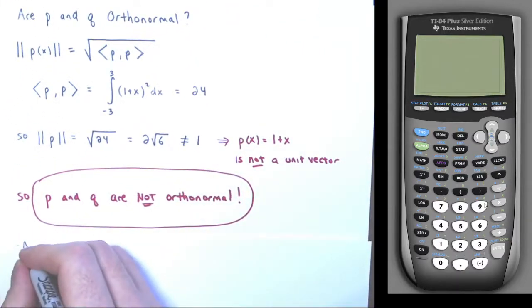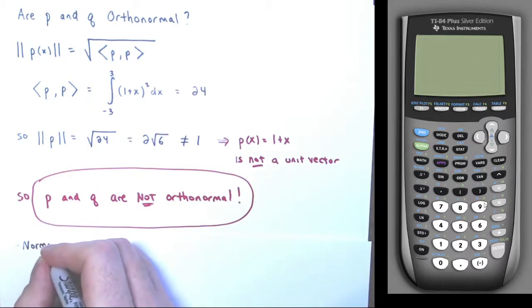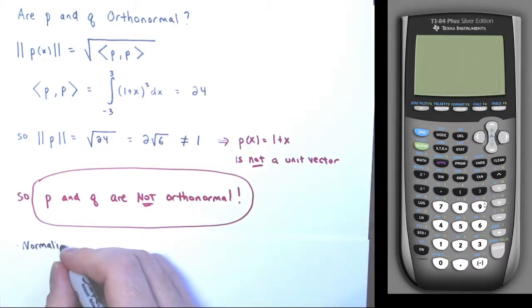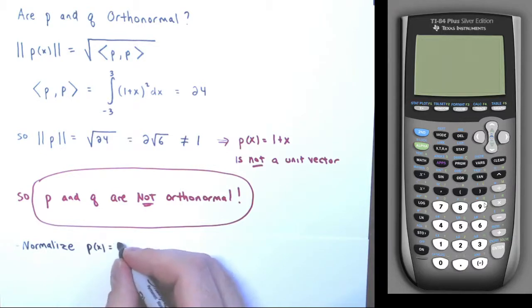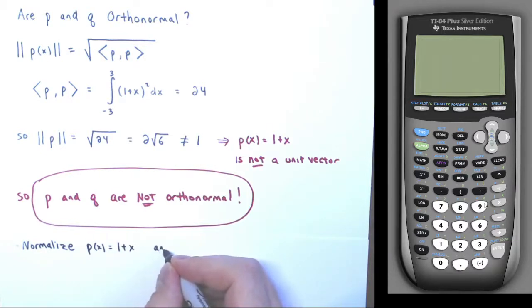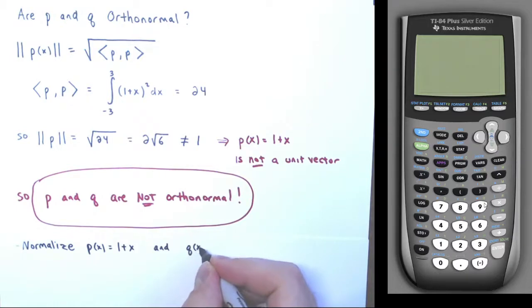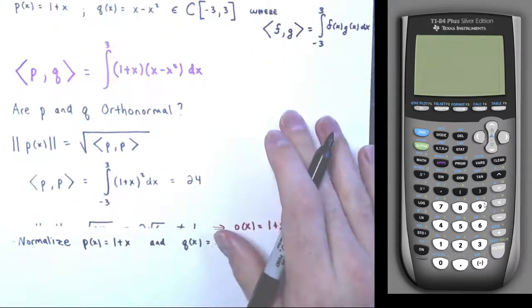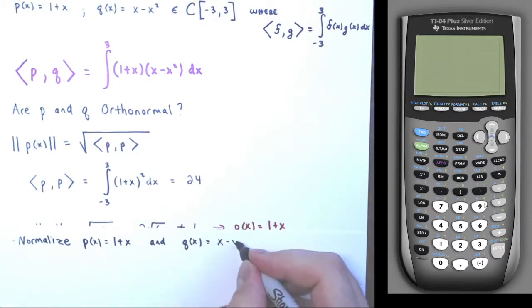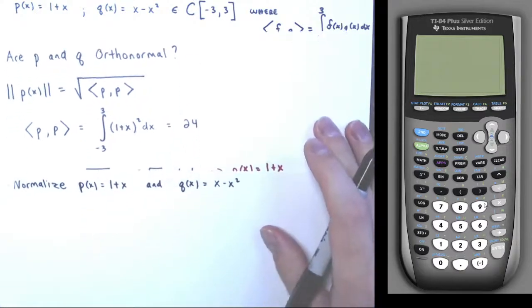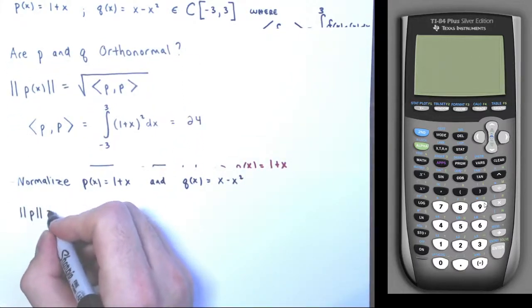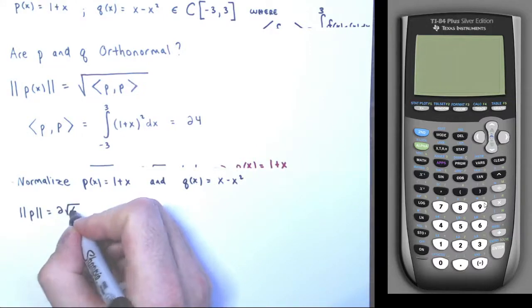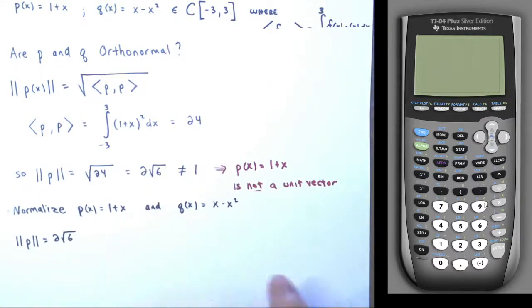So let's normalize. Let's normalize P of x equals 1 plus x, and Q of x equals, what was it, x minus x squared. Alright, so we already saw that the norm of P was 2 times the square root of 6. We already saw that, right? That was right here.